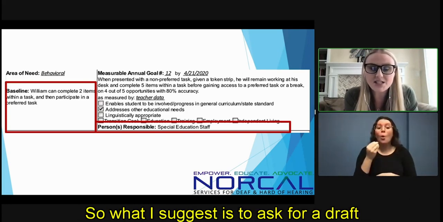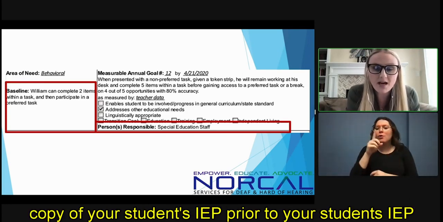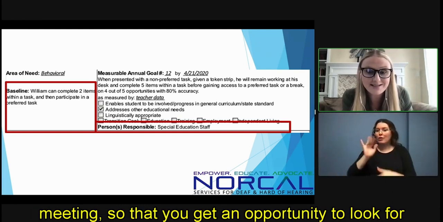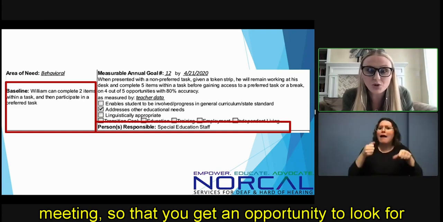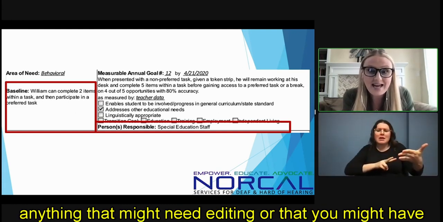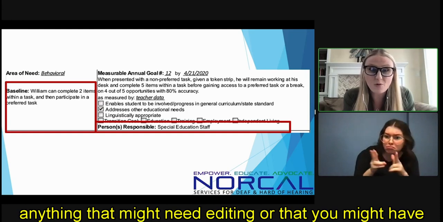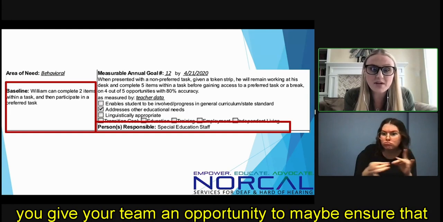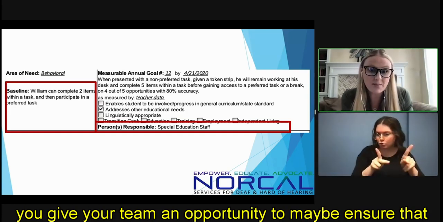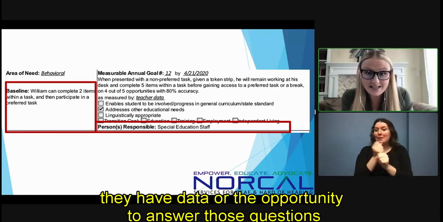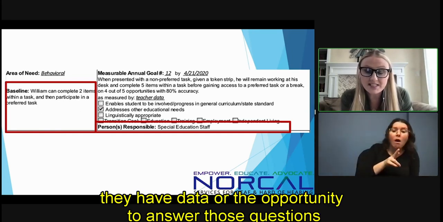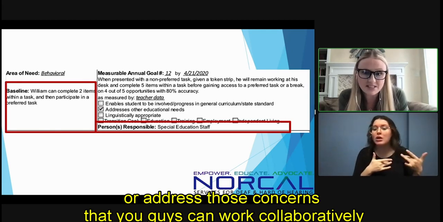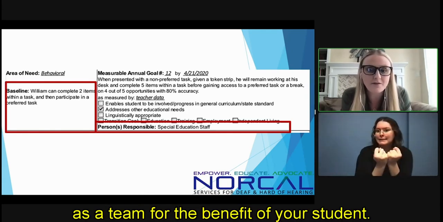So what I suggest is to ask for a draft copy of your student's IEP prior to your student's IEP meeting, so that you get an opportunity to look for anything that might need editing or that you might have questions, concerns, or comments about, so that you give your team an opportunity to ensure that they have data or the opportunity to answer those questions or address those concerns, so that you can work collaboratively as a team for the benefit of your student.